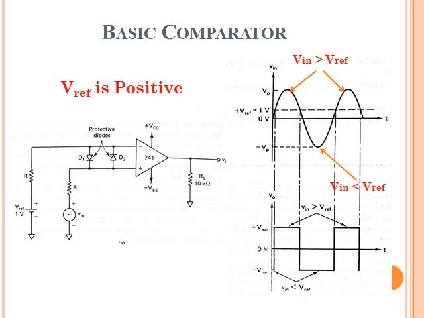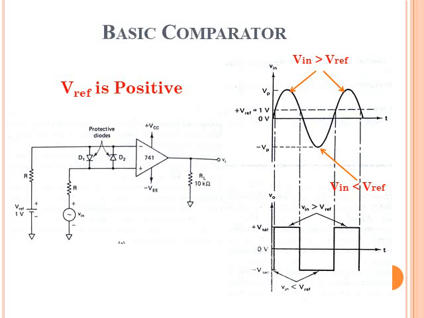For the other case, at this arrowed mark, V in is less than V reference, so the output voltage will be negative, or minus V saturation.